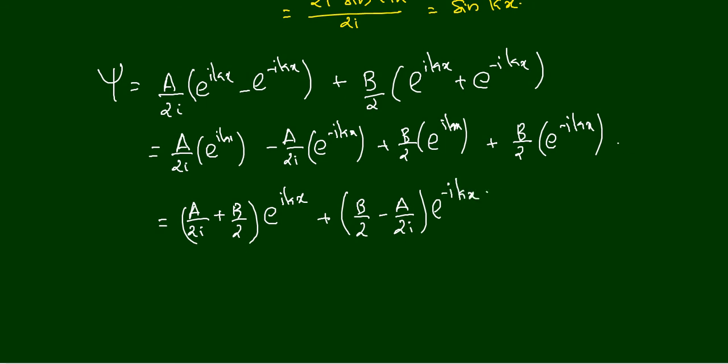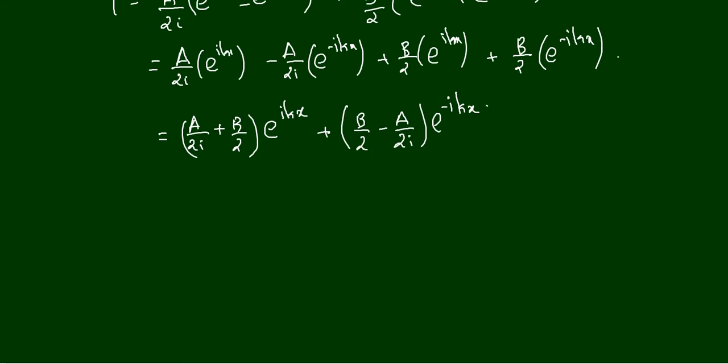Now let me put a by 2i plus b by 2 as another constant, c, so this is equal to c e raised to ikx, plus b by 2 minus a by 2i as another constant, d, times e raised to minus ikx.